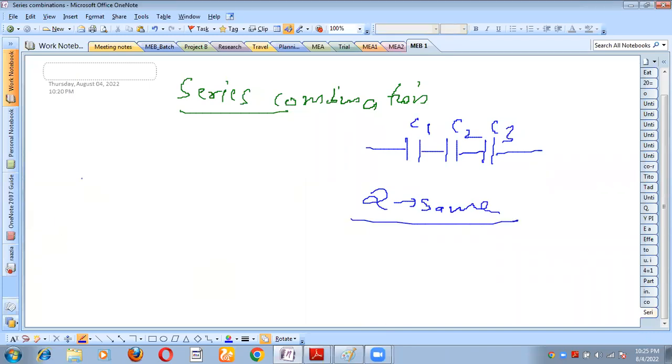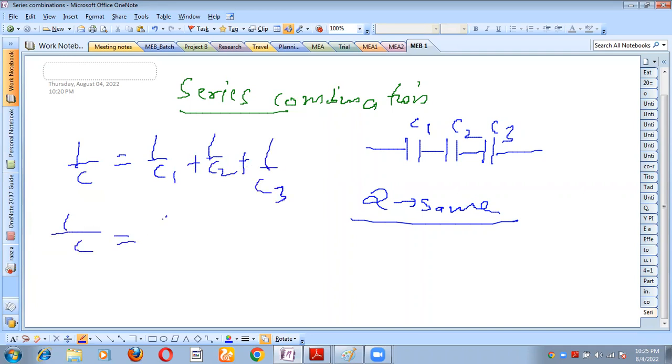And we know that the equivalent capacitance for the series combination is 1 by C equal to 1 by C1 plus 1 by C2 plus 1 by C3 and so on, for n capacitors. What happens for two capacitors?